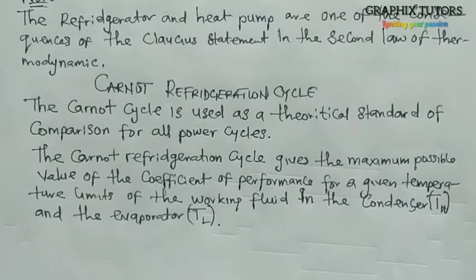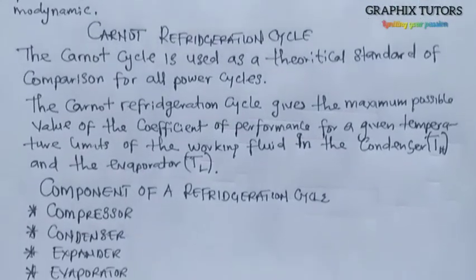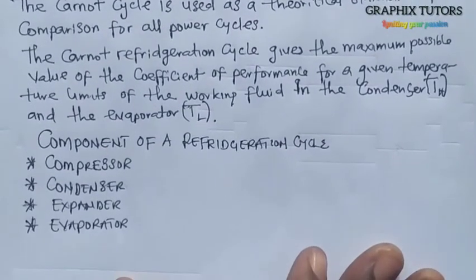But one thing you need to understand is that in a refrigeration cycle or in a refrigerator, we have 4 components, right? The components that we have are the compressor, the condenser, the expander, and the evaporator. So that is what we have.